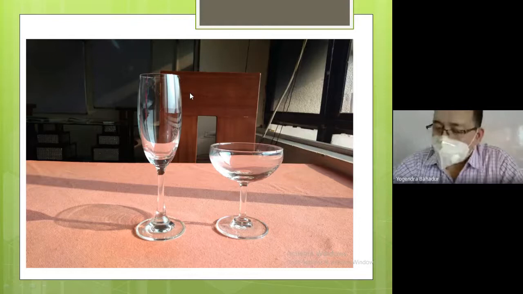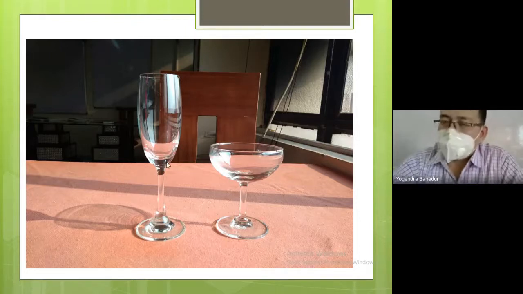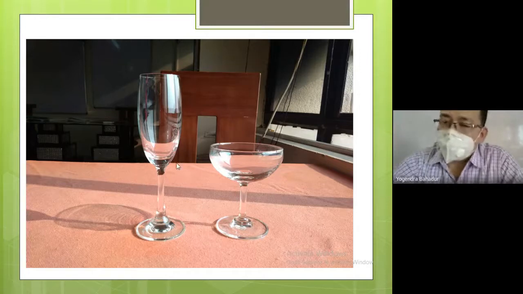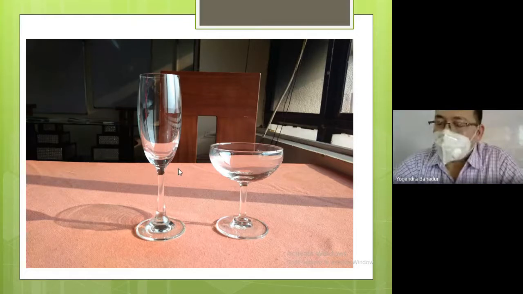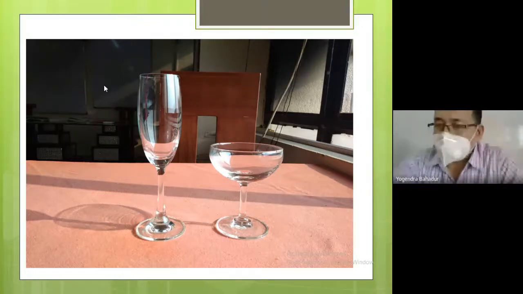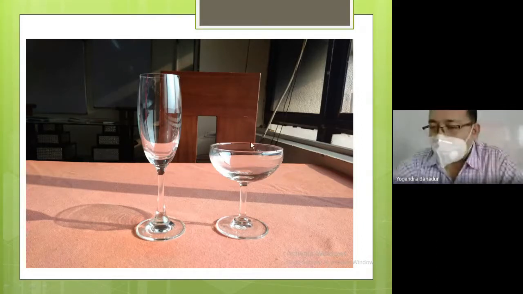There is one more glass. The picture of that particular glass I am going to show you at the end of this slide. That glass is again used to serve champagne, and that is called champagne flute. So basically there are 3 glasses which can be used to serve champagne: champagne flute, champagne tulip, which we have in our restaurants, and champagne saucer.